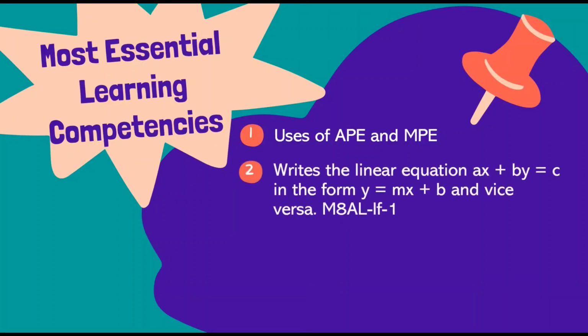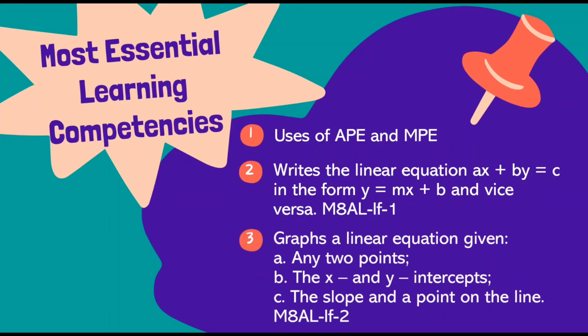The second one, writes the linear equation AX plus BY is equal to C in the form Y is equal to MX plus B and vice versa. And the last learning competency, graphs a linear equation given: the first one, any 2 points; the second one, the x and y intercepts; and the last one, the slope and a point on the line.